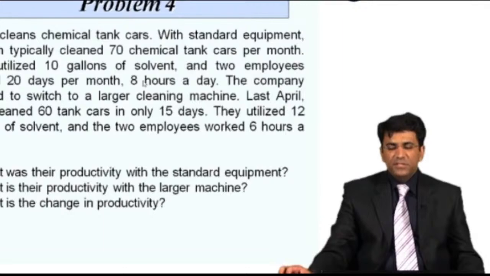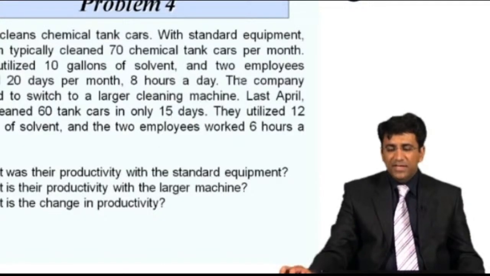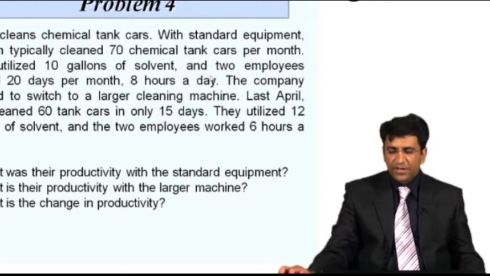Now students, if you are interested to calculate the labor productivity, in this particular case the output will remain the same before and after the use of that larger machine. So with the use of standard equipment, the output is 70. And what is our labor hours? Now you can calculate the labor hours because of the information given in this example, that is, 2 employees worked 20 days per month and 8 hours a day.